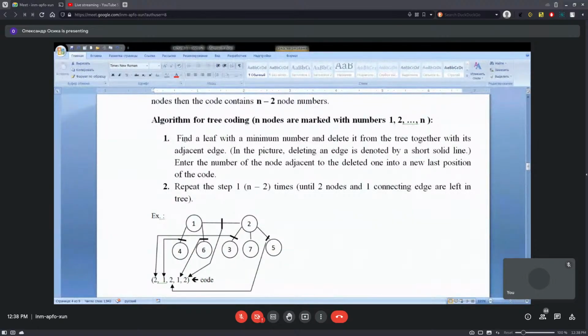First, find a leaf with the minimum number and delete it from the tree together with its adjacent edge.